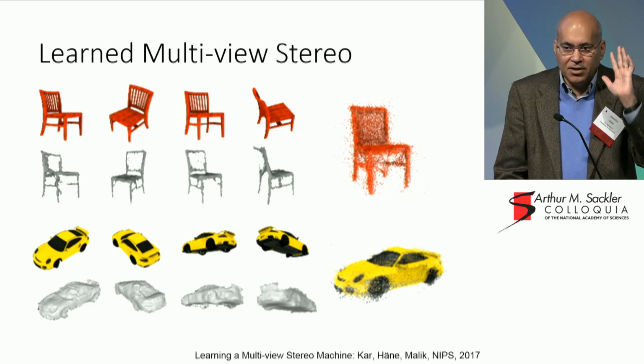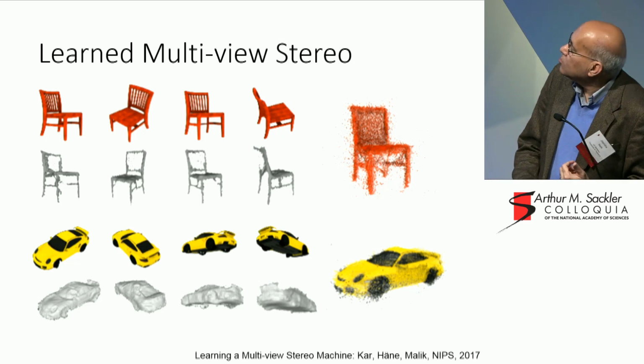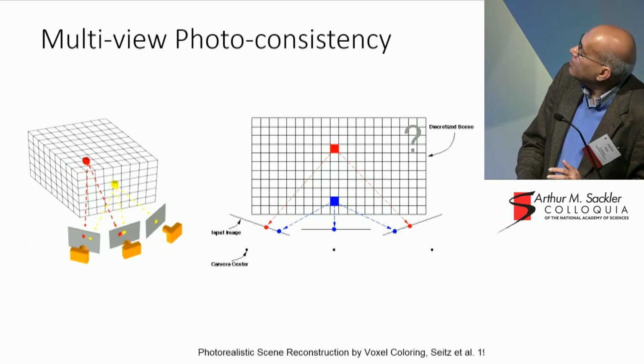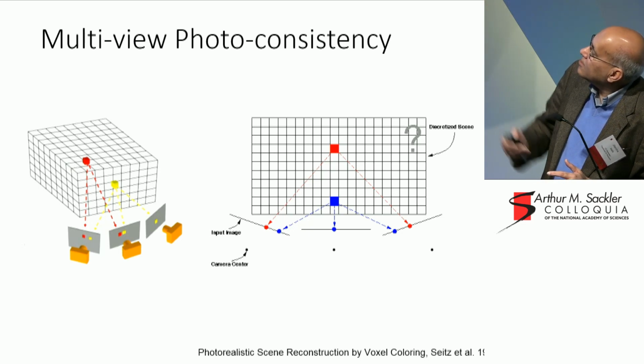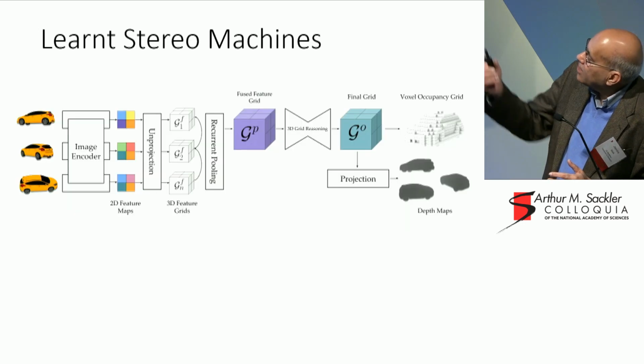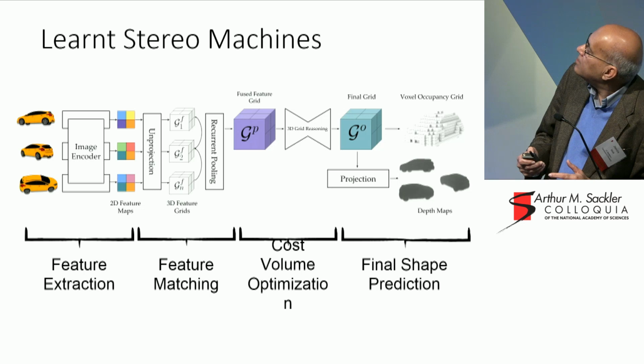And when we design architectures for doing this, we in fact make use of a lot of our classical techniques. In the interest of time, I'll skip details, but this is your classic photo consistency constraint. There's a classic stereo pipeline, but we can now train it end to end.